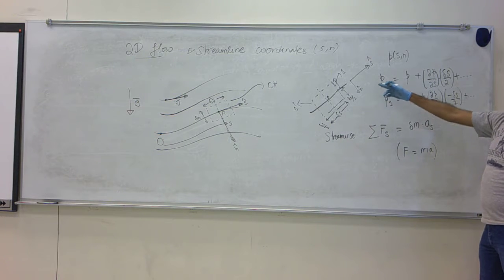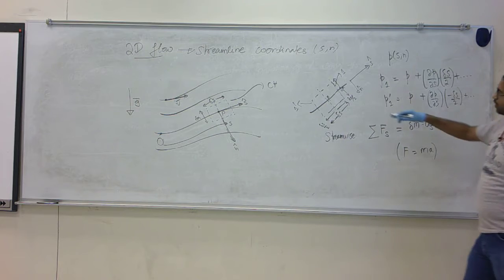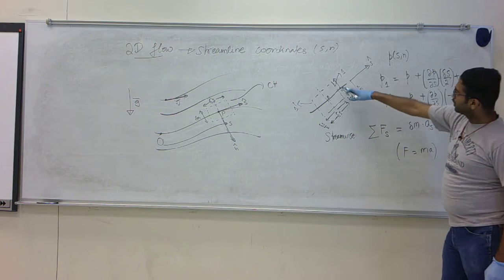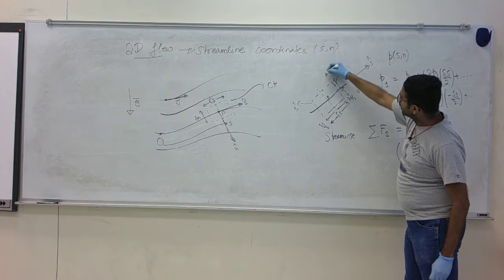That are acting along the streamwise direction. That's my objective here right now. So what do I have? I had pressure on this face here. We always know that pressure is compressive and normal.